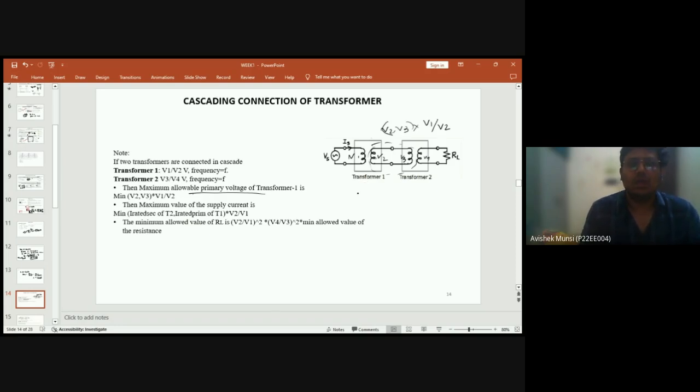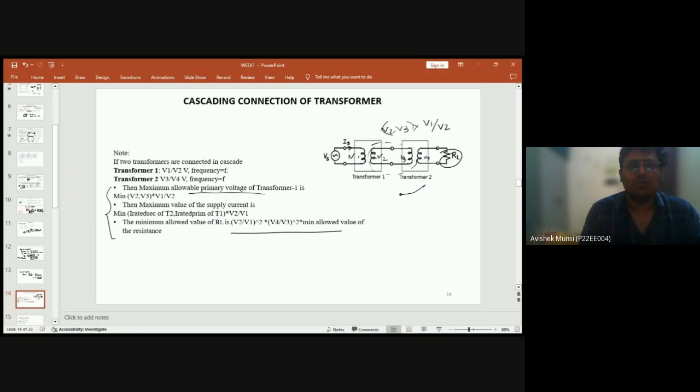And if a resistance RL is connected, then the formula to calculate the minimum allowed resistance is V2 by V1 square, V4 by V3 square. It's based on the referred to the primary side concept, and I will discuss it in next problems also. So these are the formulas we need to solve the next set of problems.